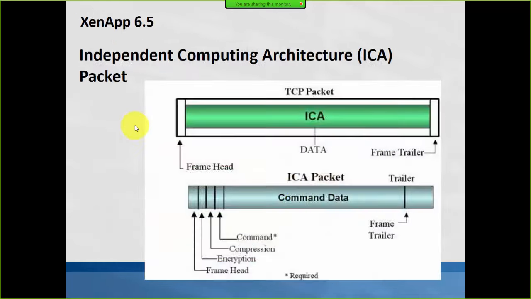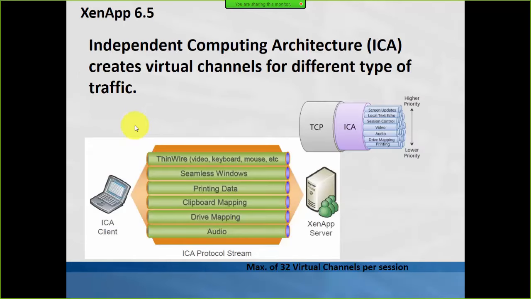This is the packet structure of ICA, which takes all this traffic within the packet over TCP. So all the virtual channels for different types of traffic: there's the printing data that the ICA packet is taking, there's video, keyboard, mouse clicks going back and forth from the client machine to the Zen server.